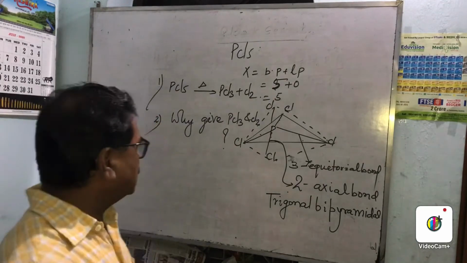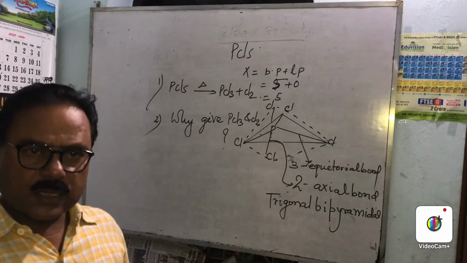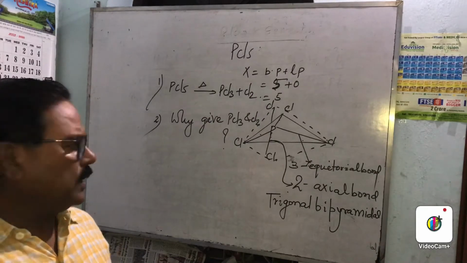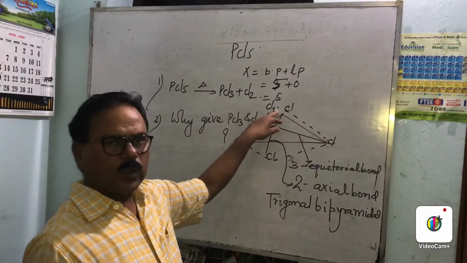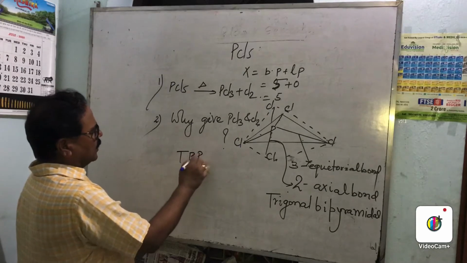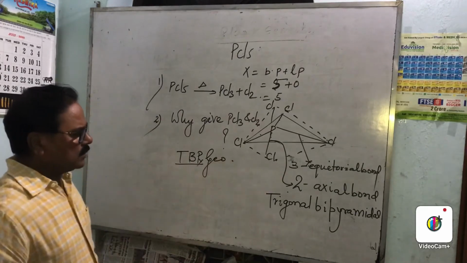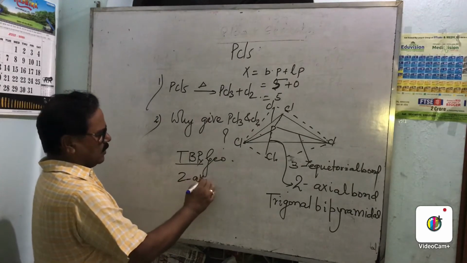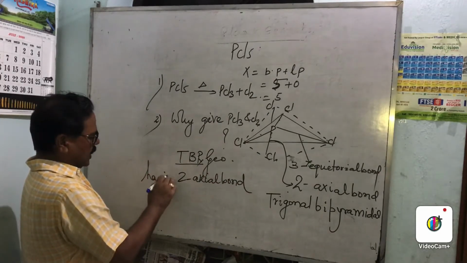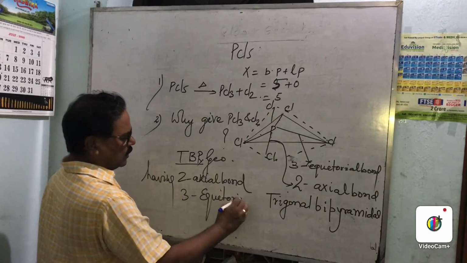The answer is hidden in the geometry of this. PCl5 has trigonal bipyramidal geometry, having 3 equatorial bonds and 2 axial bonds.